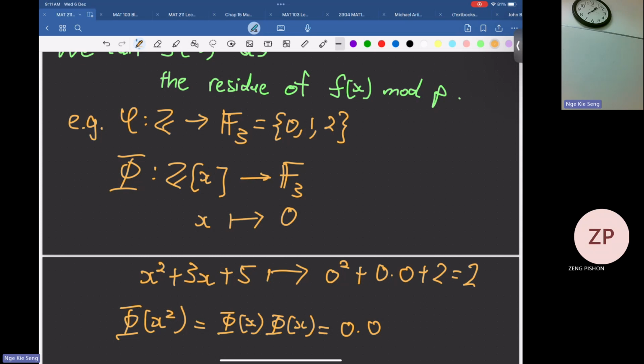So this step here is substitution. Whenever you do substitution in your mind, you are making a map. Make sense?